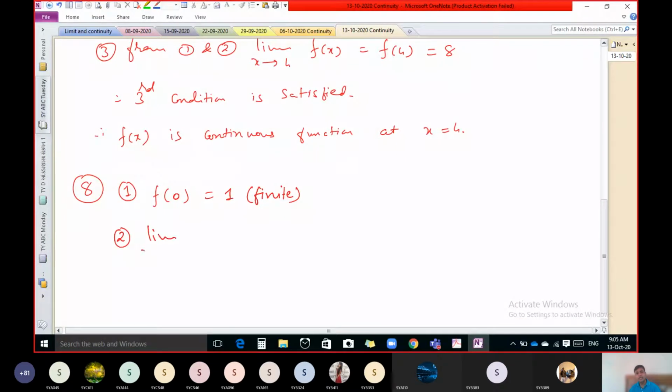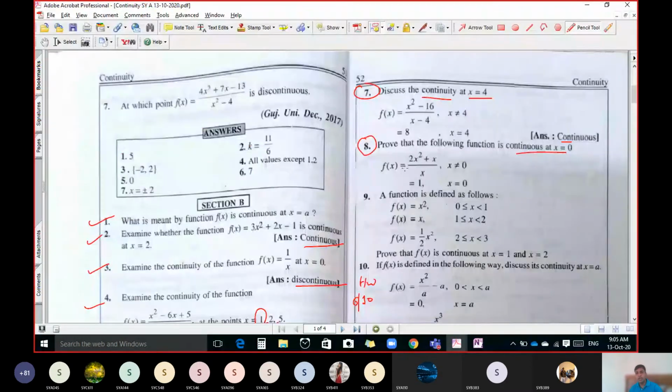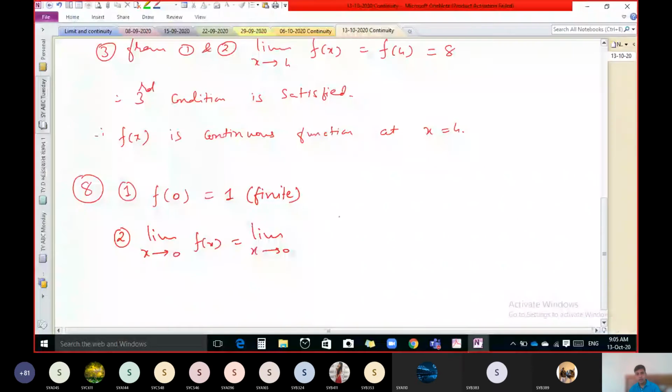Now second condition, limit x tends to 0 f of x. F of x is what here? When x is not equal to 0, it is (2x square plus x) upon x. Now tell me what we have to do. Any of you?